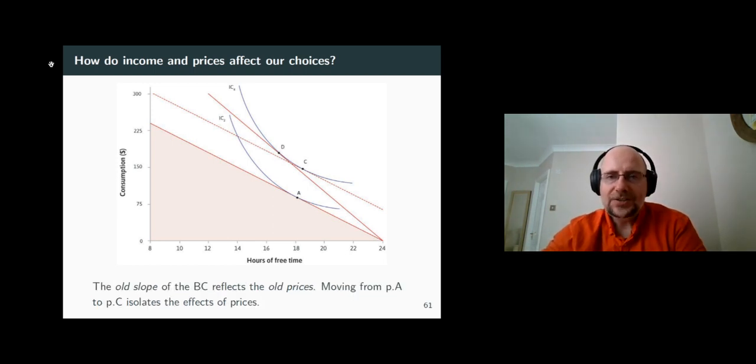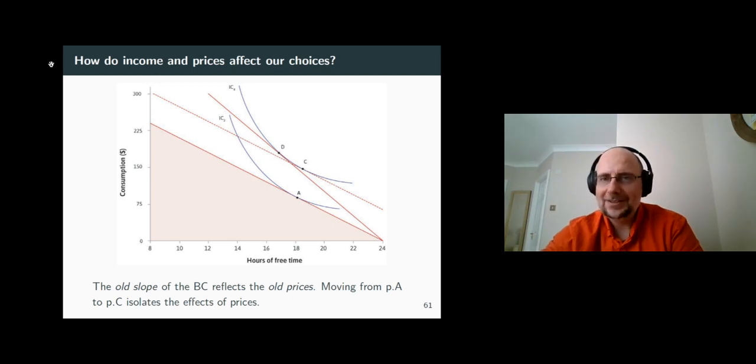Notice that the prices at point A and point C are the same. This is because the slope of the two budget constraints is the same. Having identical slopes on the two budget lines means that the consumer is able to substitute free time for consumption at exactly the same rate.